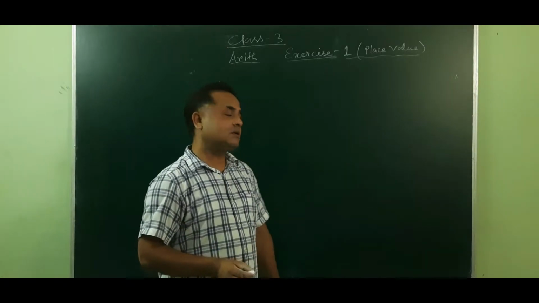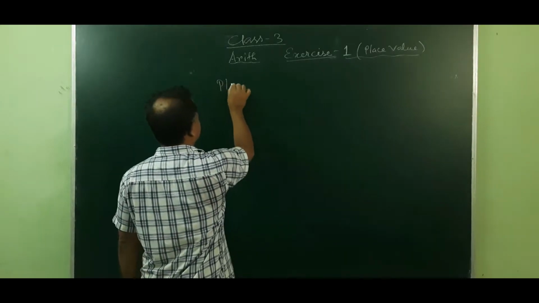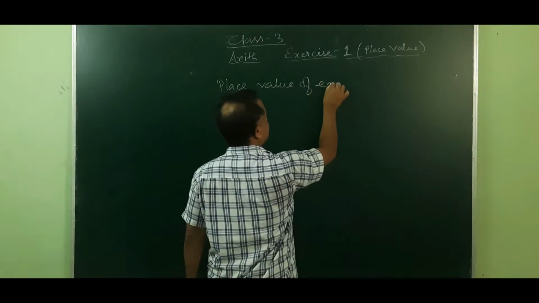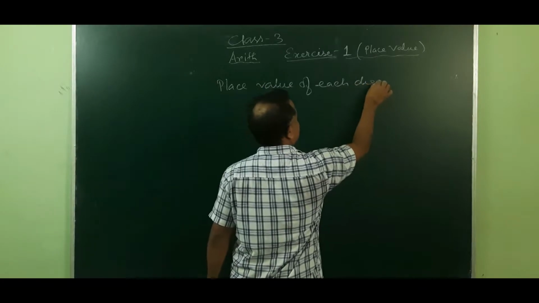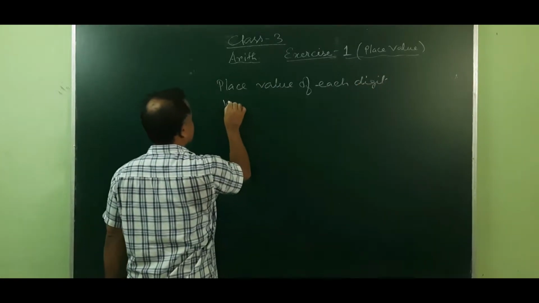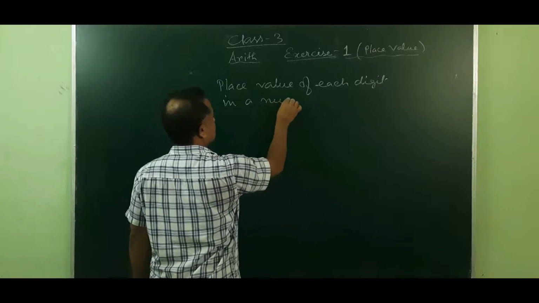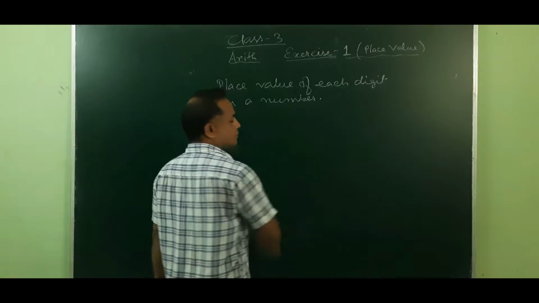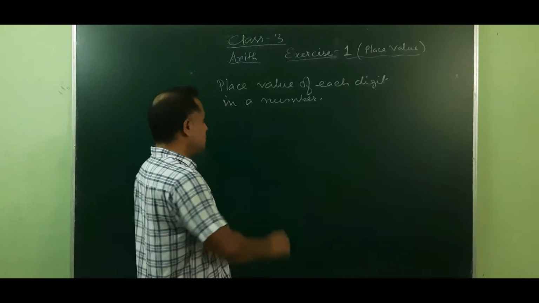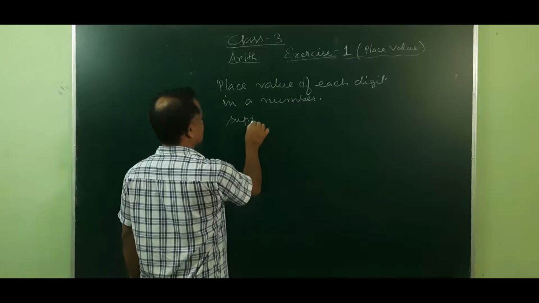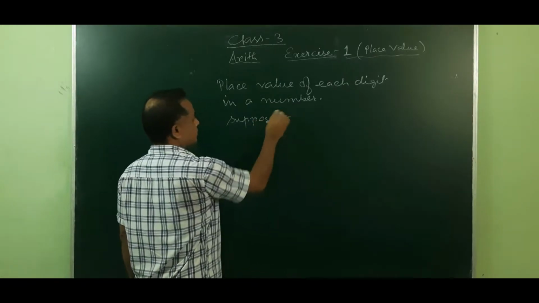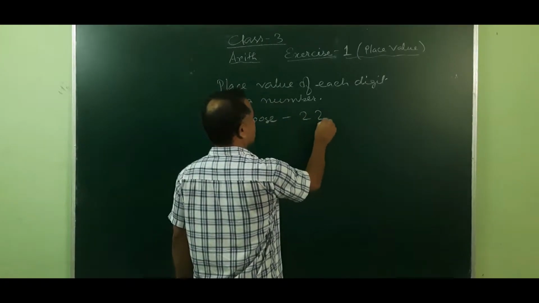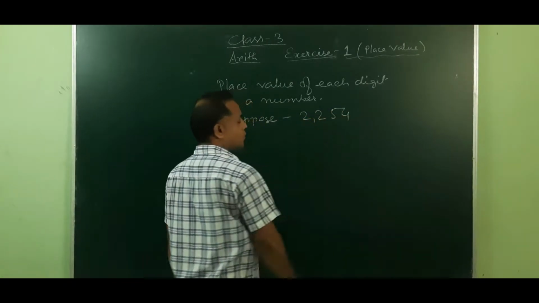Now we will see the place value of each digit in a number. Suppose let's take one number, that is 2254.